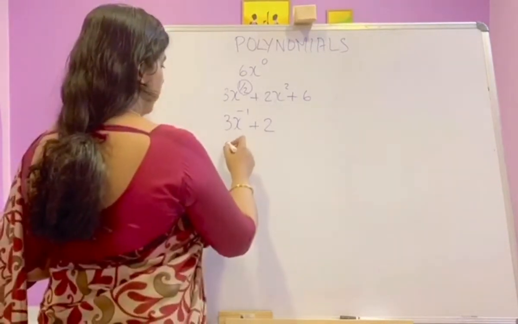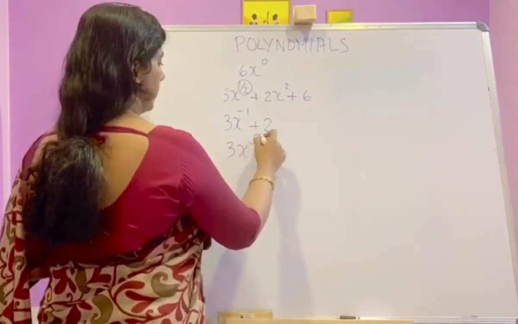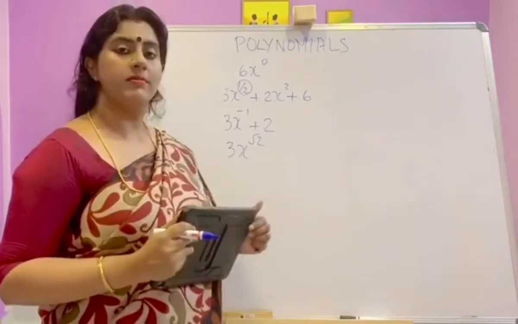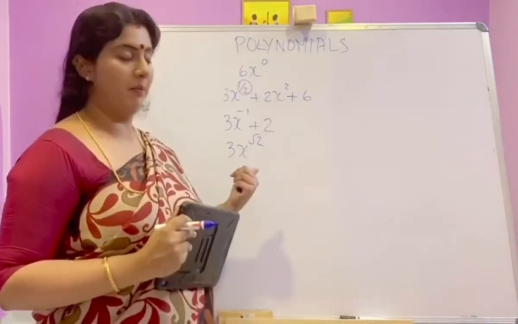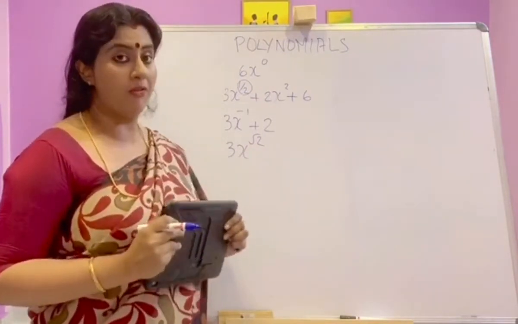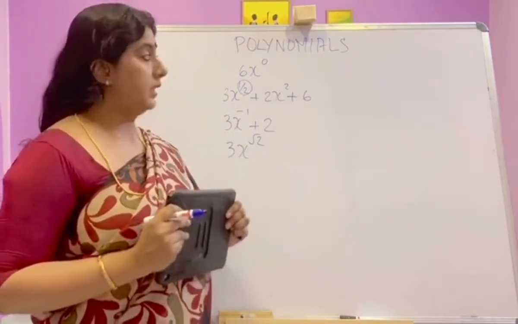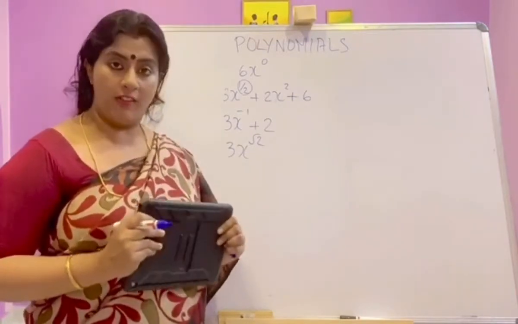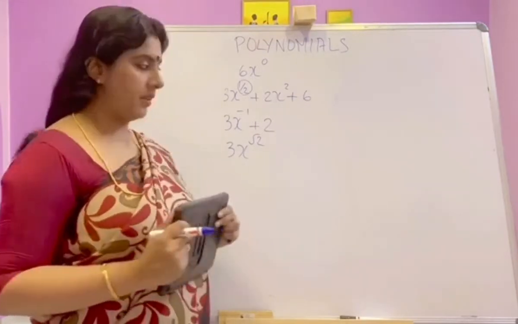Next example. This is also not a polynomial because in the power there is an irrational number. So for a polynomial, the power should always be a whole number.